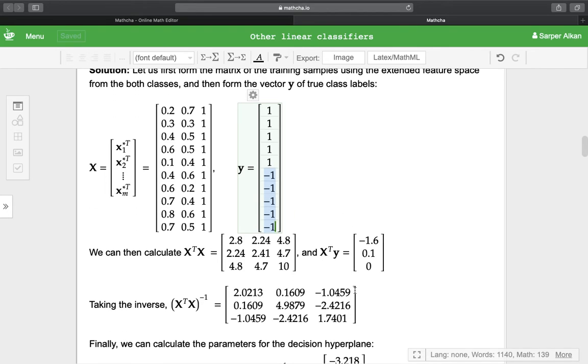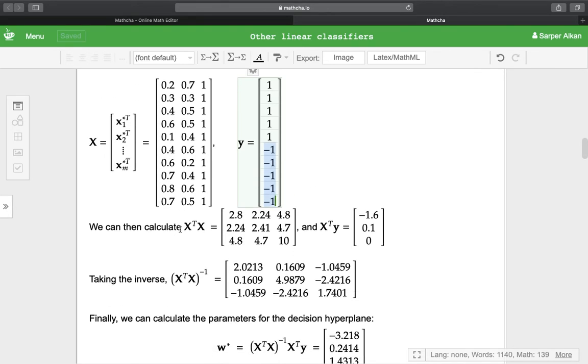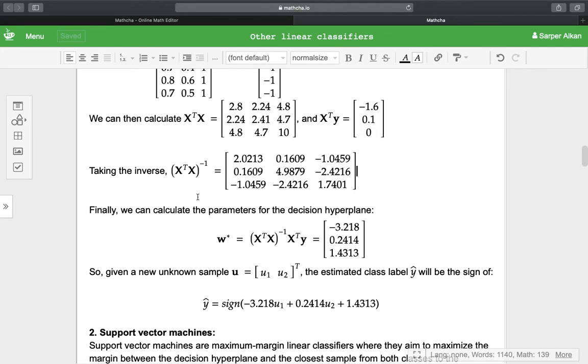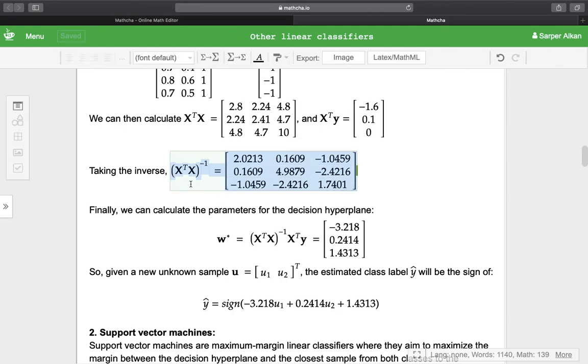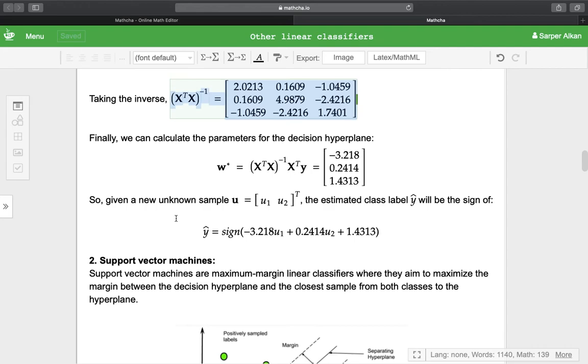So we can then calculate X transpose X, which is this, and X transpose y, which is this, and we can take the inverse of X transpose X, and we can easily calculate the parameters for the decision hyperplane.